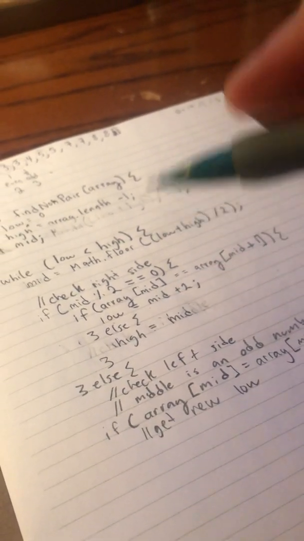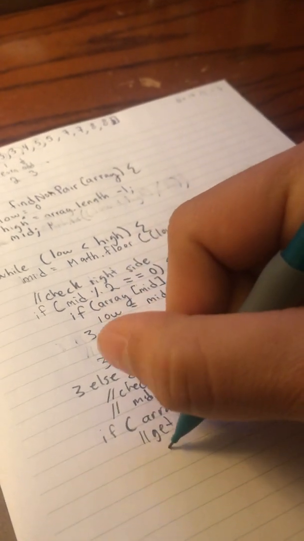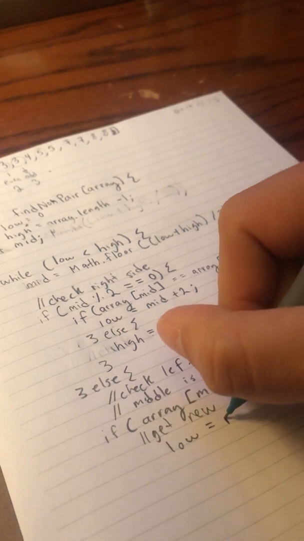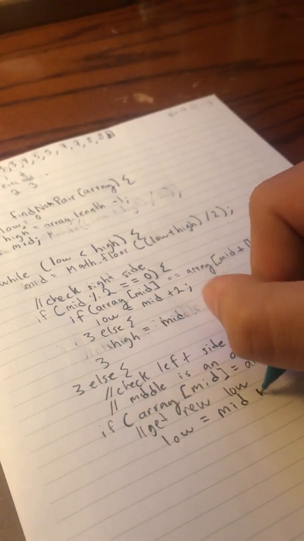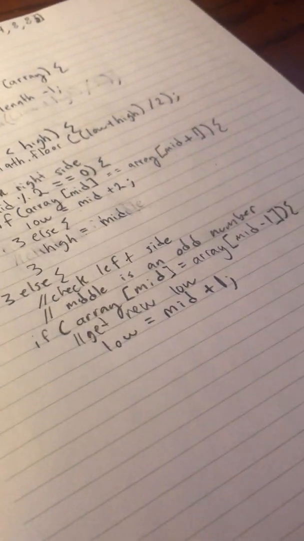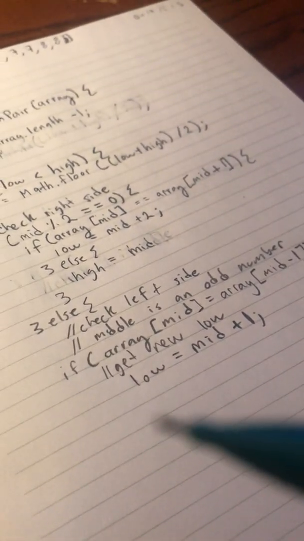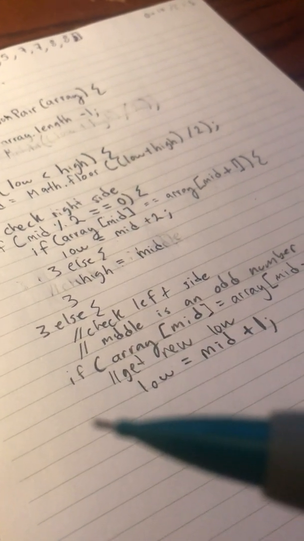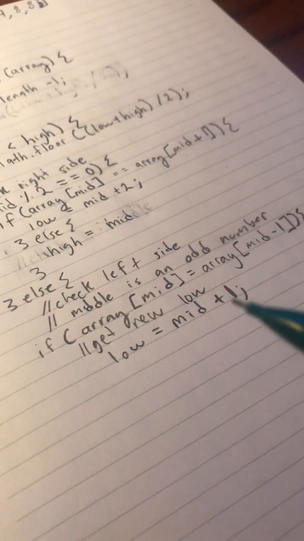So low equals our mid plus 1. Since in this case it was an odd number, we're just moving 1 up.